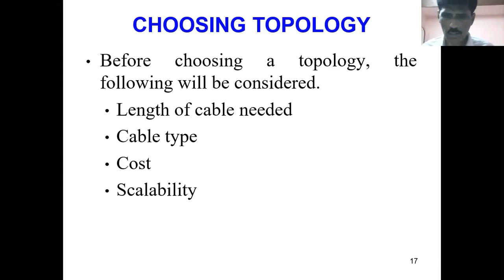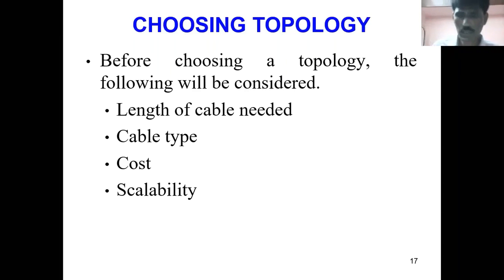You can see in the slide: length of cable needed, cable type, cost, and scalability. First, we need to take into consideration the length of cable. We need to provide service to network devices.